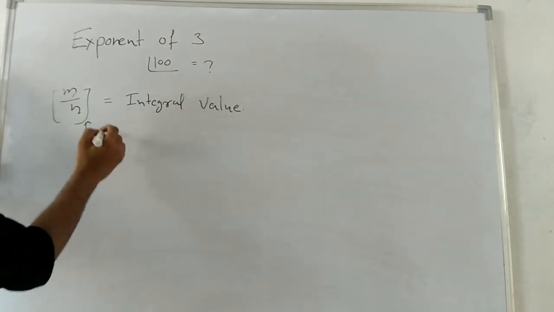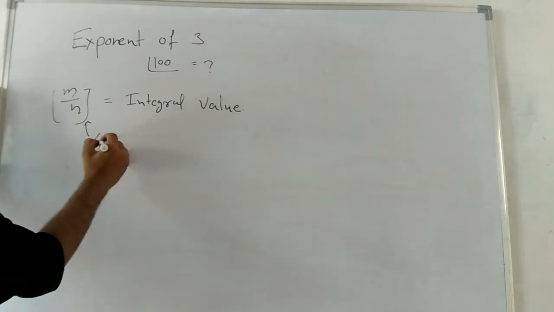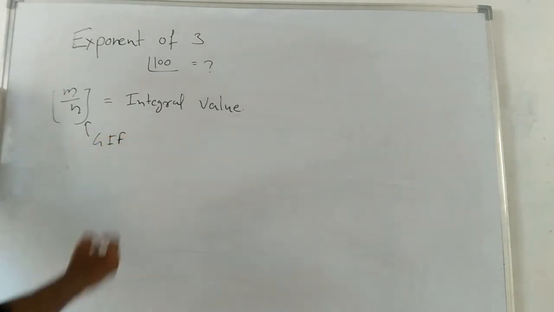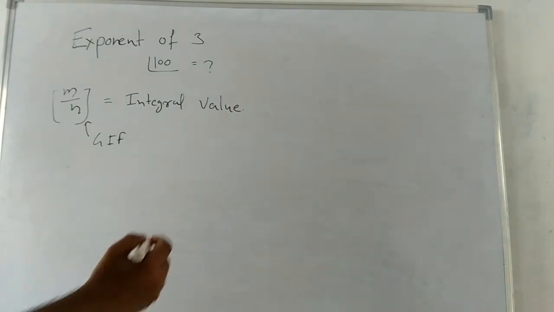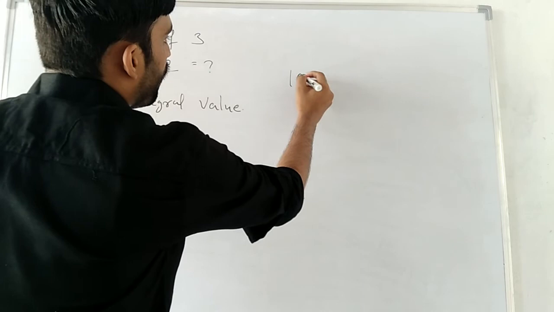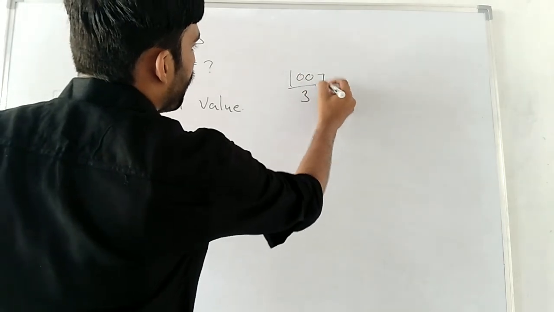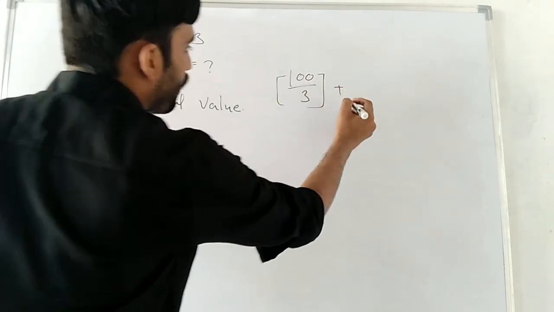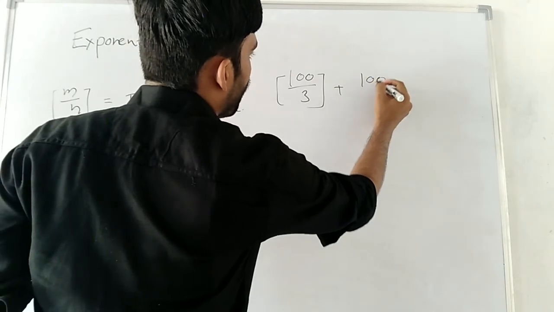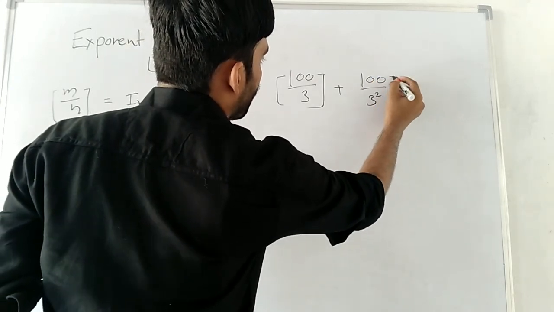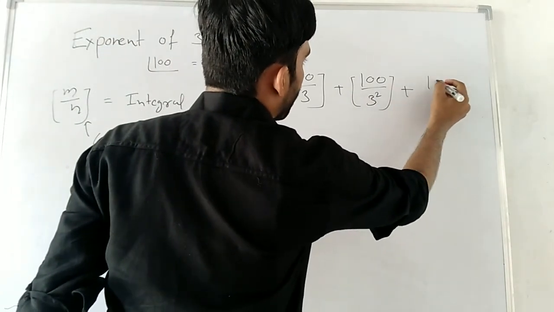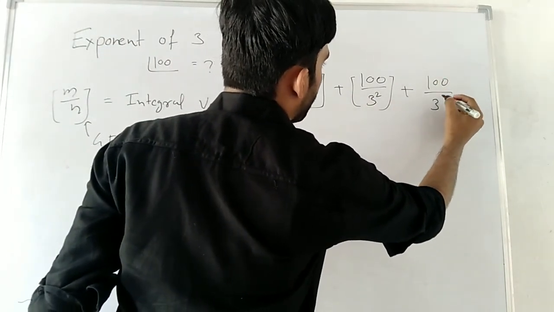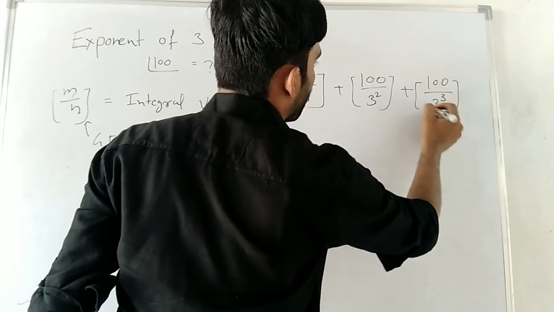It is called the greatest integer function, GIF. Okay, now solving the question, 100 upon 3 greatest integer function plus 100 divided by 3 square plus 100 divided by 3 to power 3.